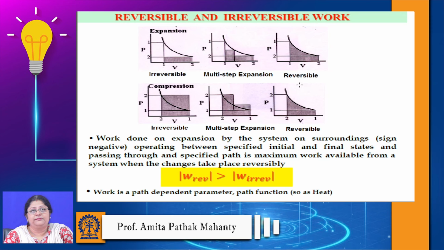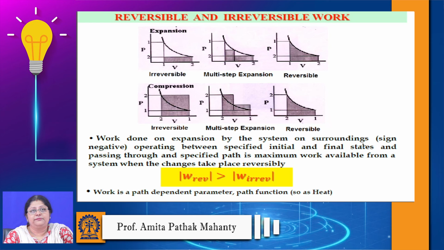The area of the shaded portion also shows that when you have expansion, you get the maximum amount of work, and if you have compression, the destructive work is the minimum, so you get the work which is the shaded portion, the work done by the gas.